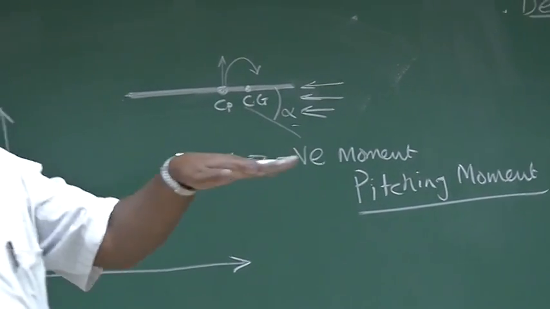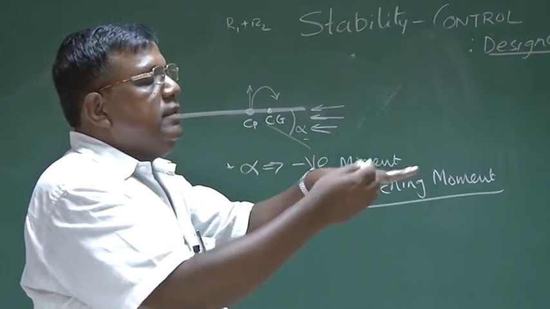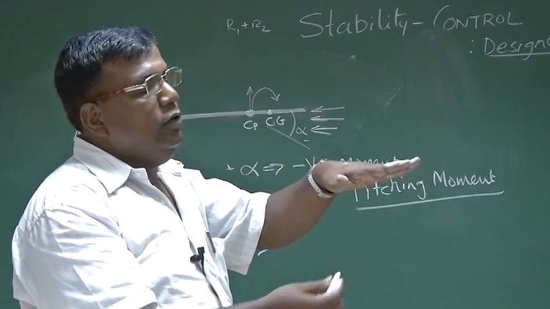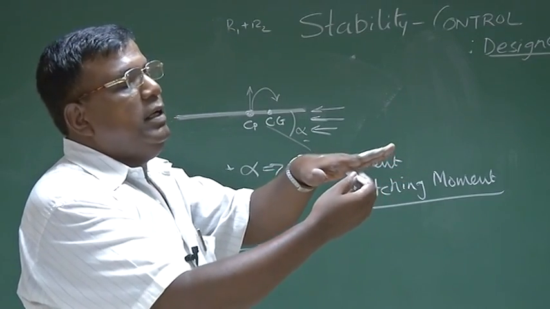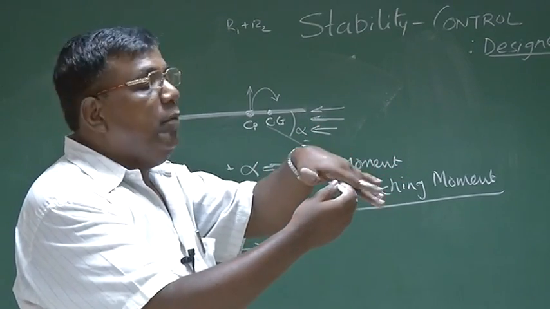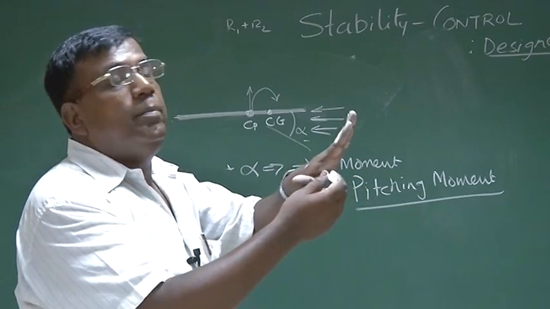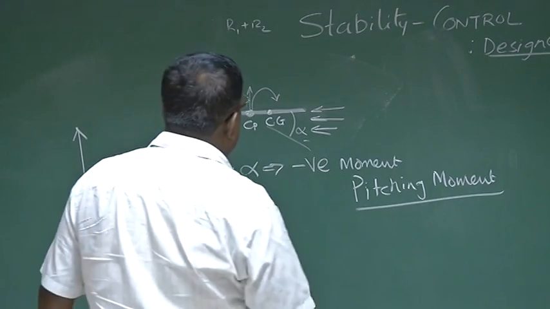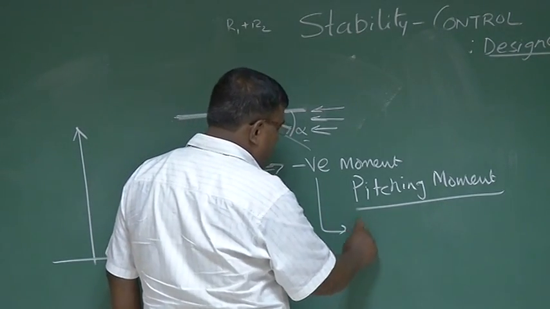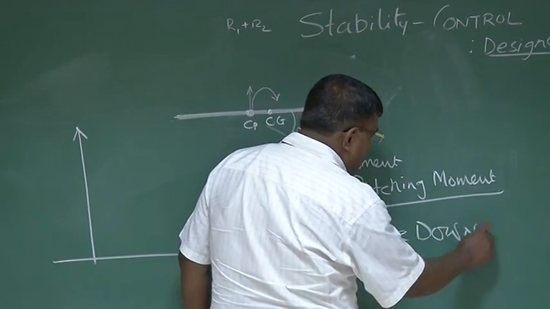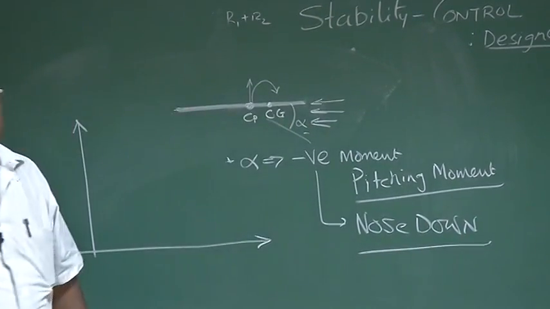If this is the airplane, like this is the x-axis and this is the y-axis, this is the pitching moment in the vertical plane. So positive alpha, and this plate will generate a negative moment. Negative moment means nose down moment, and positive moment by convention is nose up moment. So pitching moment, negative when I say, it is nose down. This is a matter of convention. Just take it like that.